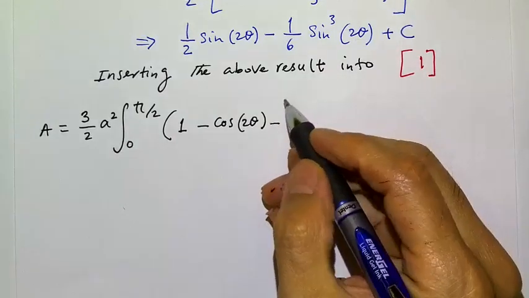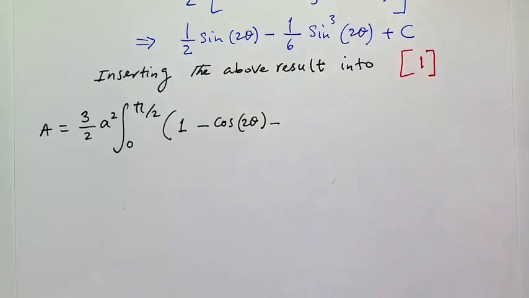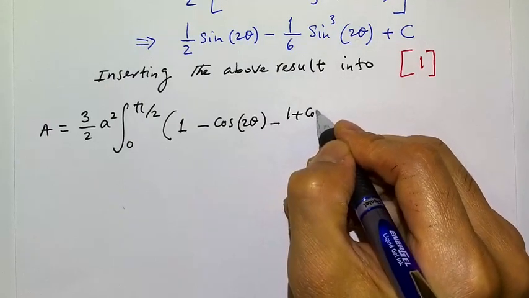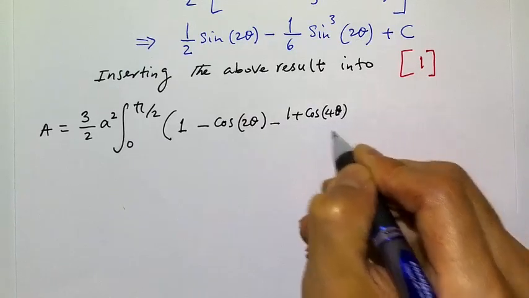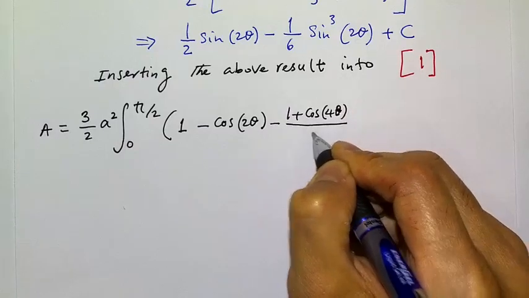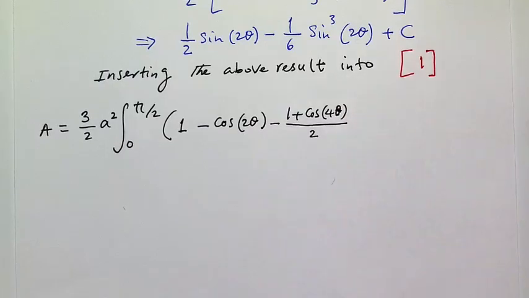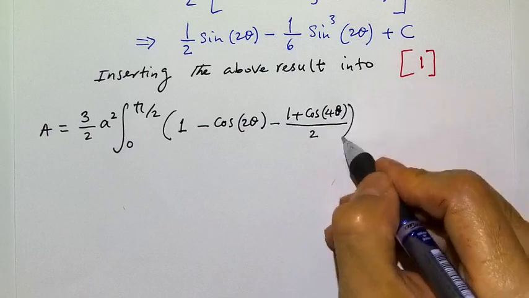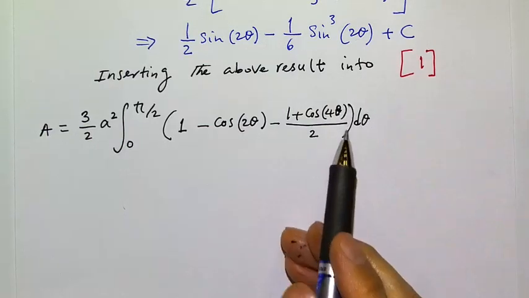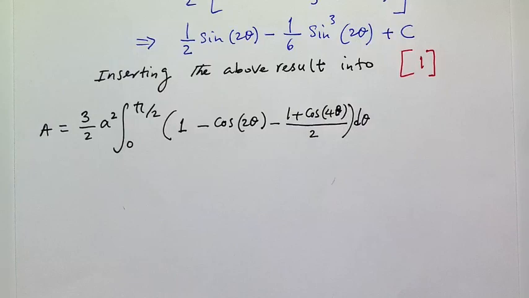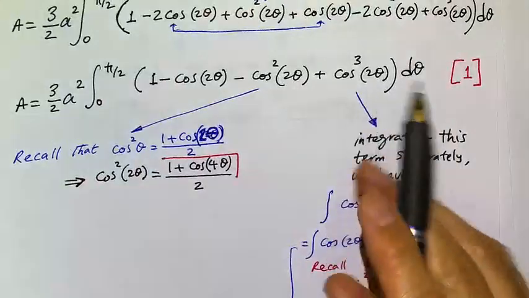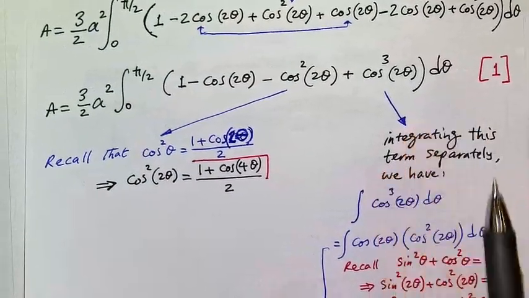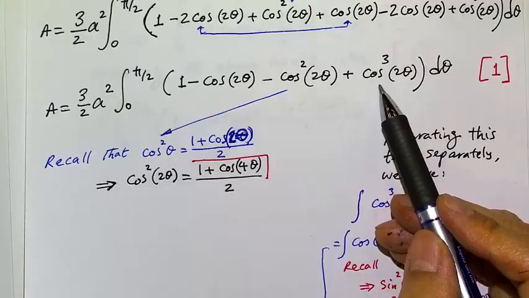So minus 1 plus cosine of 4 theta over 2. Okay. And then let me close that and say d theta, because the third term, this one, we've already integrated.